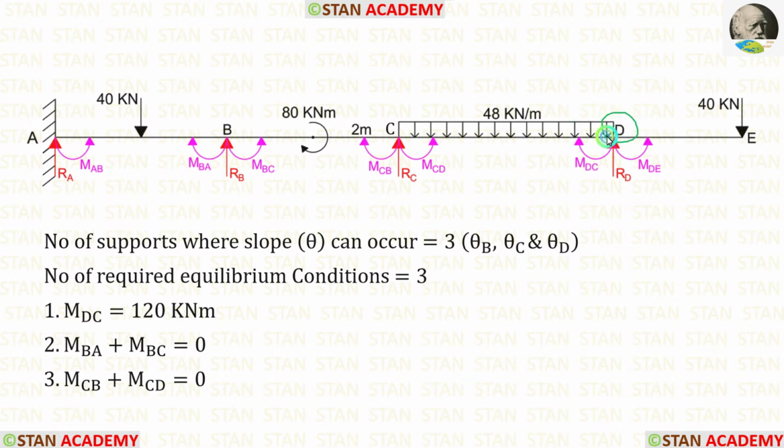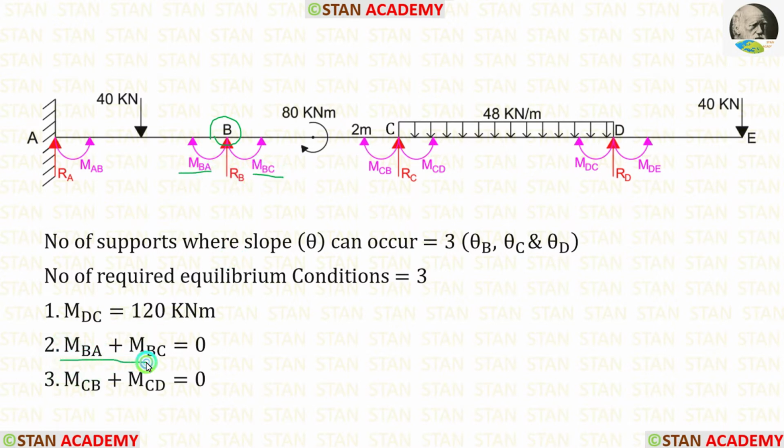In the joint D, we have calculated MDC. This is our first equilibrium equation. In the joints, the summation of the moments will be 0. In the joint B, there are two moments, MBA and MBC.